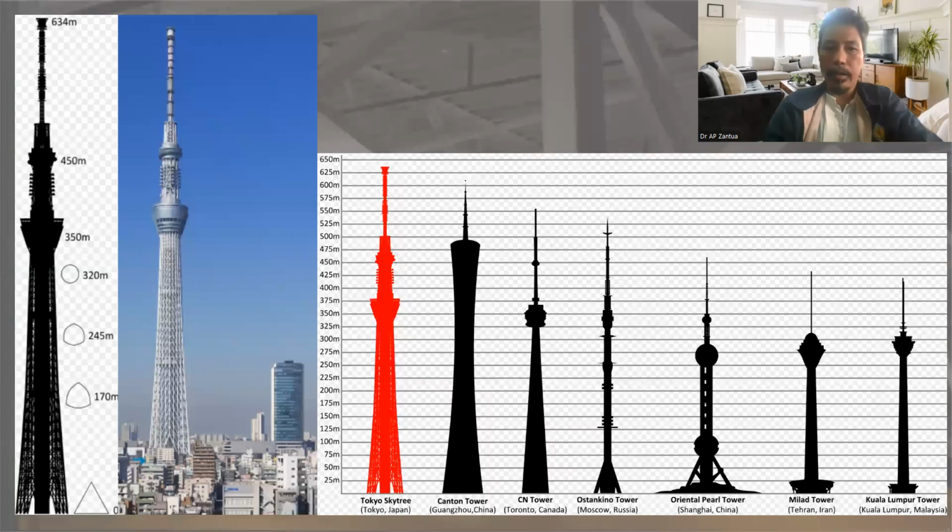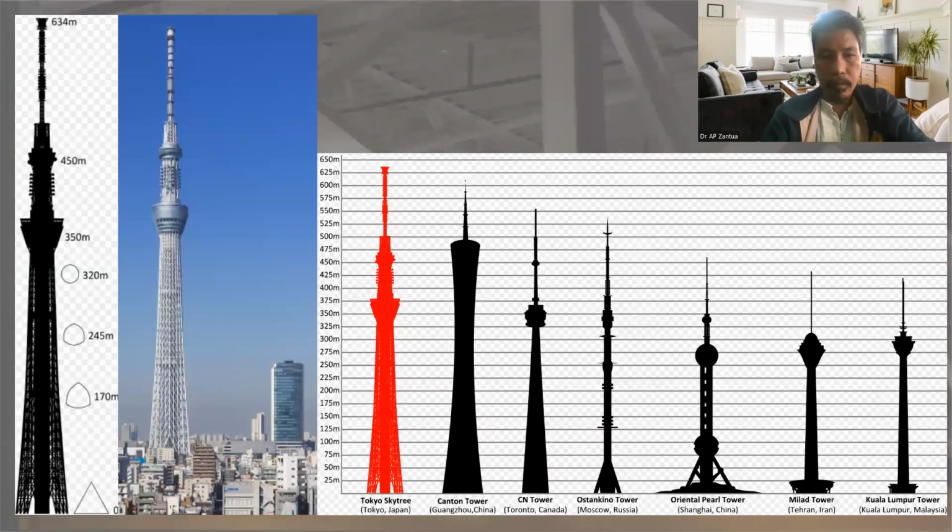Therefore we cannot expect a 1 kilometer high building. The Burj Khalifa is about 800 meters, so 200 meters short of 1 kilometer. What is 200 meters? It is very long.